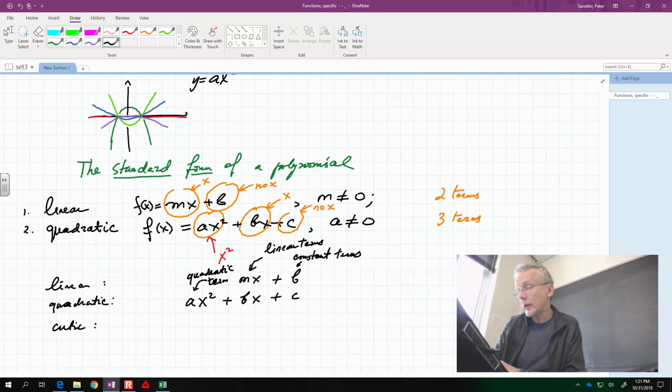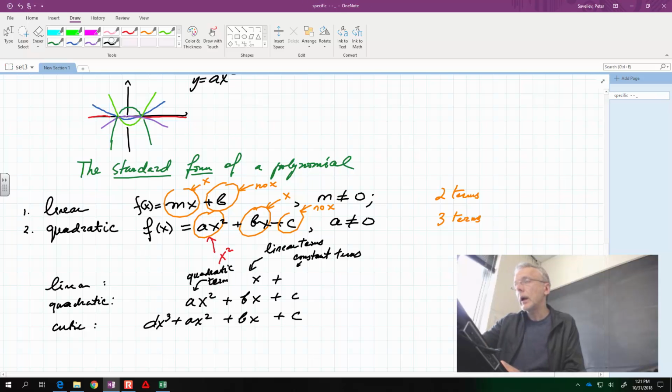It will be x cubed. So say, I don't know, pick a different letter, so there will be a better match. Say a, b, c. How about d? dx cubed plus ax squared plus bx plus c. In fact, how about I change the terms to create full illusion of similarity like this.